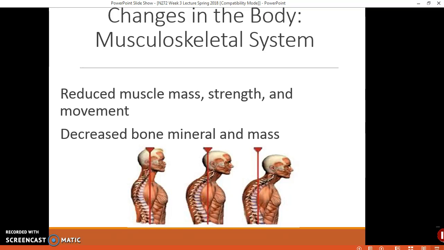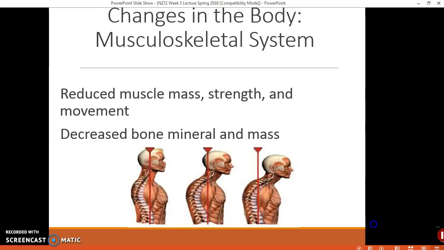And so that's why a 6 foot 4 inch male, by the time he is 70 or 80, may now be 6'2". And part of the reason is because of the reduced muscle mass and the decreased bone mineral and mass that occurs with aging.